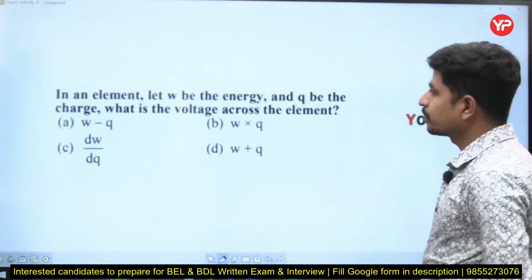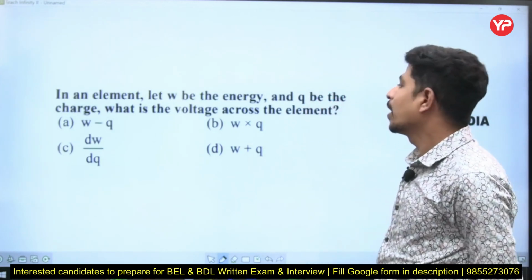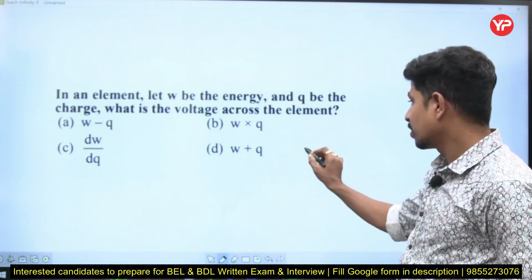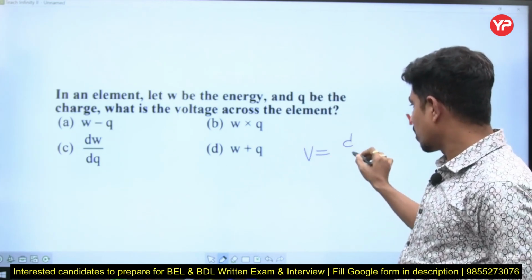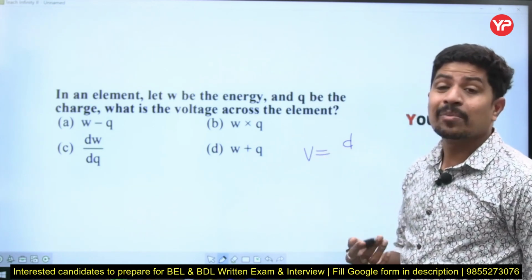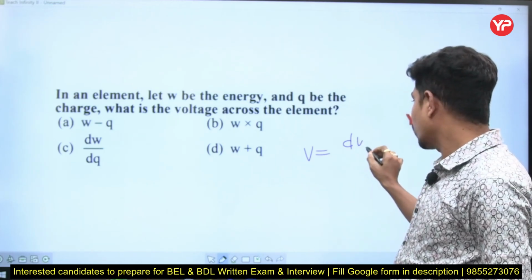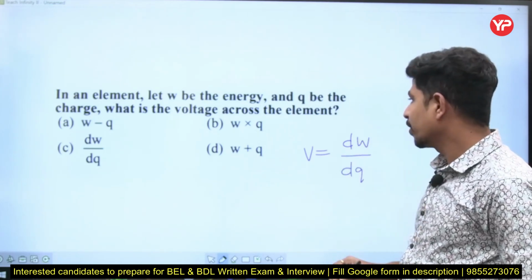Next question, please. In an element, let W be the energy and Q be the charge. What is the voltage across the element? Voltage is the work done in bringing a positive charge, dW by dq.